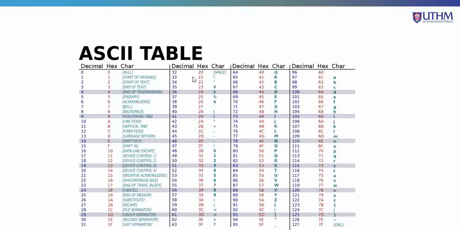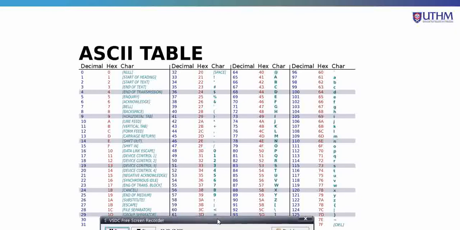kita cari number 1. We find number 1. Then we look into the decimal value of number 1. Ni number 1 here, character number 1. Okay, what is the decimal value of, okay, ni kan nampak sikit, bagi nampak sikit. Here, number 1.